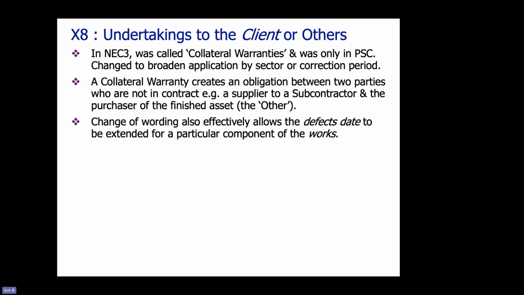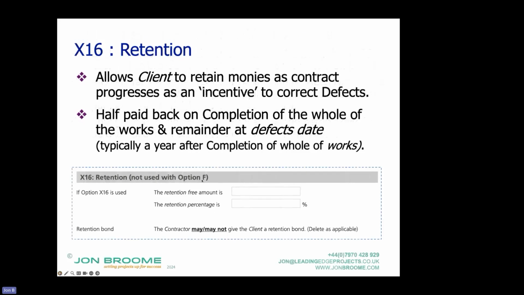So I've talked about the defect state. The defect state, if I go back to the slide before, is typically a year after completion. And that's the time from completion that the contractor has a contractual obligation to come back and correct defects in their work.